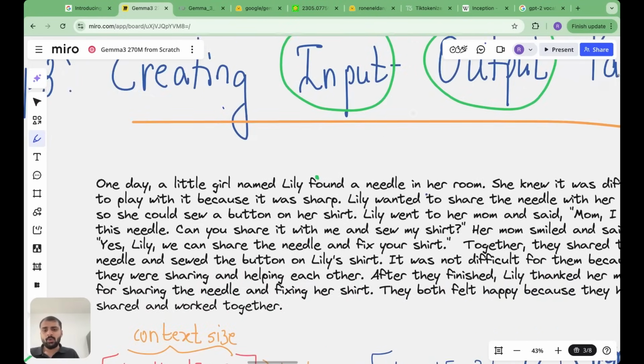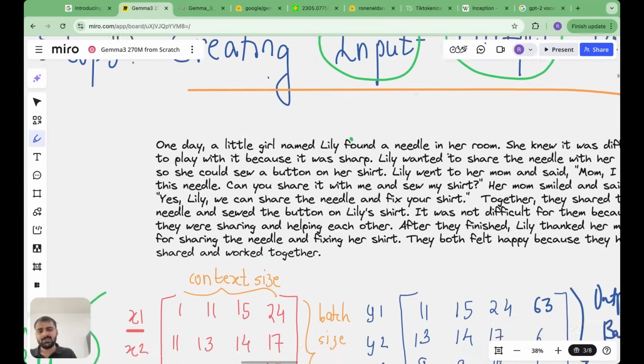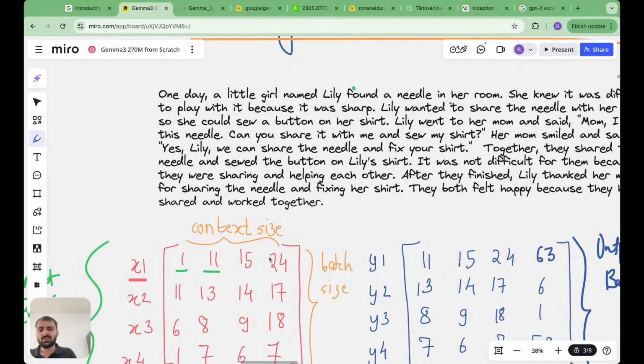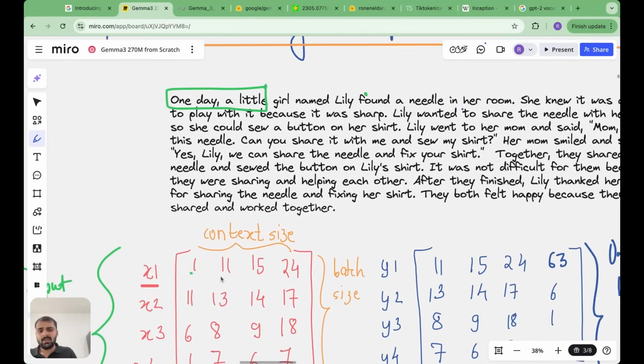To create an input output pair, the first thing I need to know is the context size, which is the number of tokens which the model can look at one time. If the context size is 4, let's say I take 4 tokens: one day a little. That's my first input sequence, corresponding to token IDs 1, 11, 15, and 24.